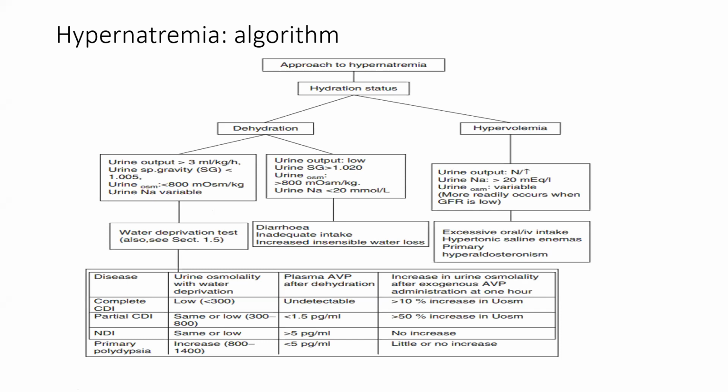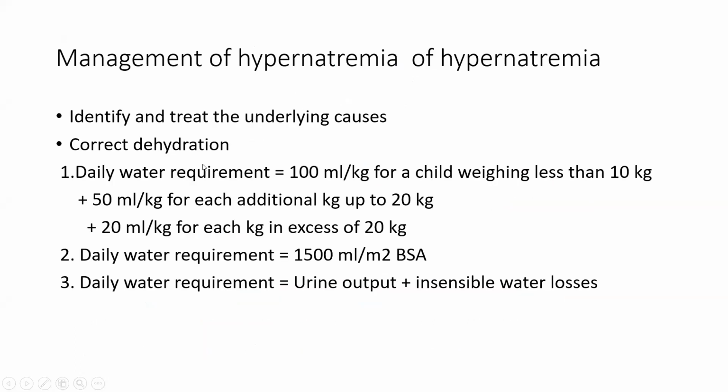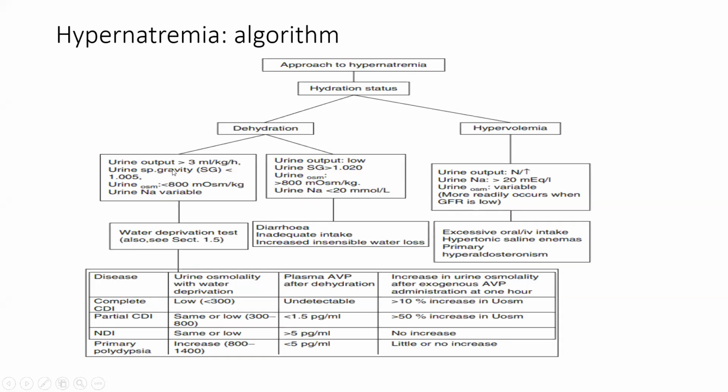This is the simple algorithm, though it can be complicated. This is how you make the diagnosis. You have hypernatremia, I'm sorry. You check the hydration status of the patient. If there is a sign of dehydration, you check the urine output.